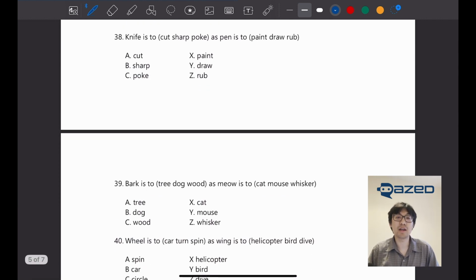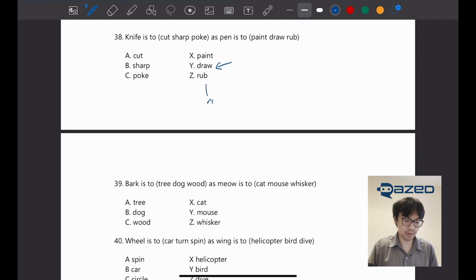Alright, 38, we get knife, and we have three words associated with a knife. Cut, which is the action, sharp, which is the description, and poke, another action. And then for pen, we have paint, draw, and rub. We have three actions here. So straight away for pen, we're probably thinking draw is the most accurate.